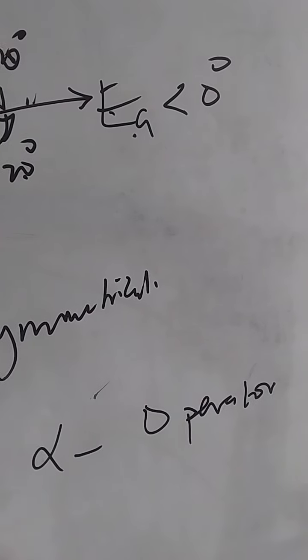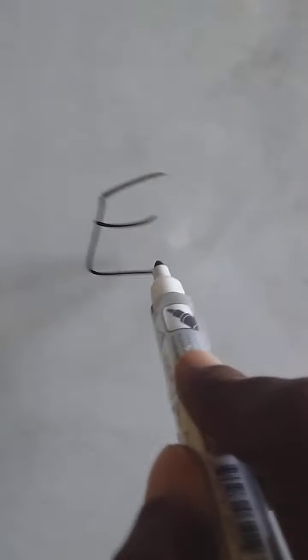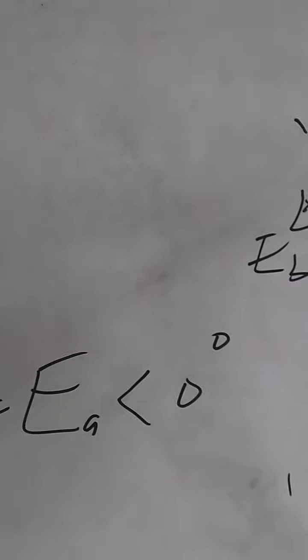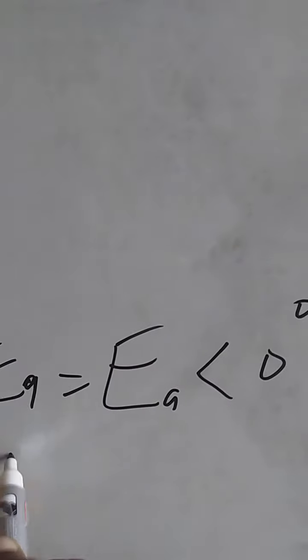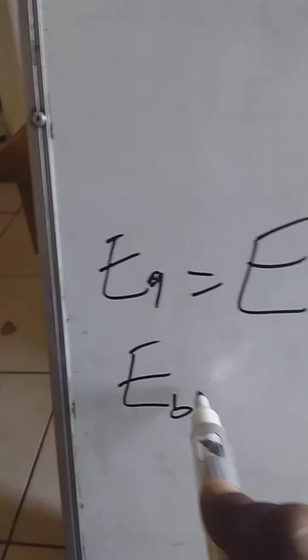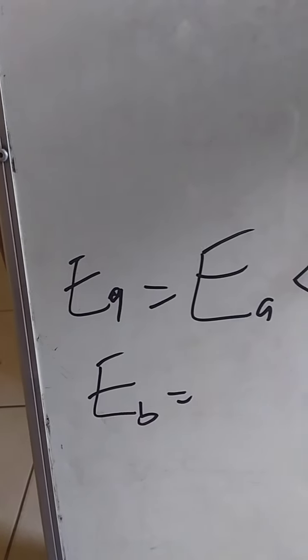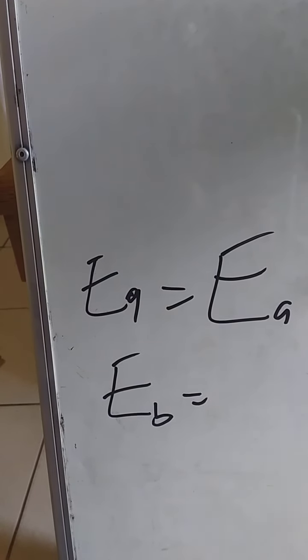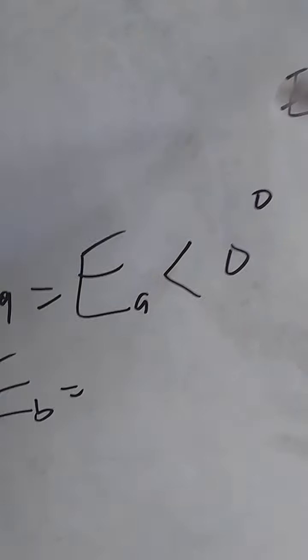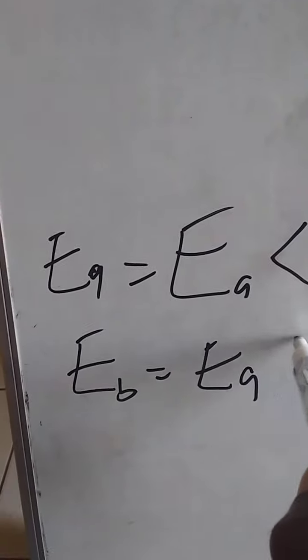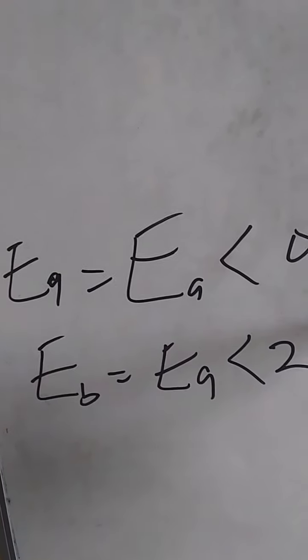So if our EA is taken to be at angle 0 degree, that means the EB, after the alpha operator advances 240 degrees with respect to EA, will be EA at angle 240 degrees.